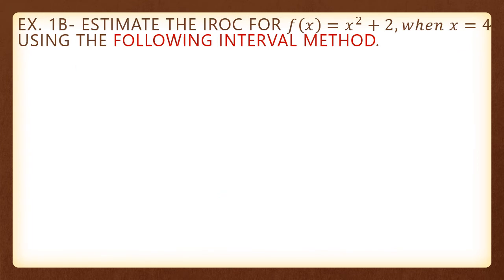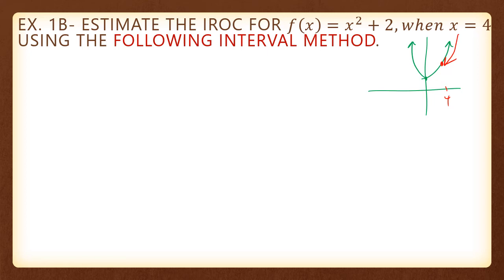We're going to do this 3 different ways for the exact same function. So we know we should be getting 8 regardless. We've got to prove it to ourselves. Now we're going to do the following interval method. So again, make our quick little sketch. Parabola opening up, moved up 2. We still want to know 4. But instead of doing the preceding, we're doing the following, meaning we're approaching from this direction, something bigger than 4.